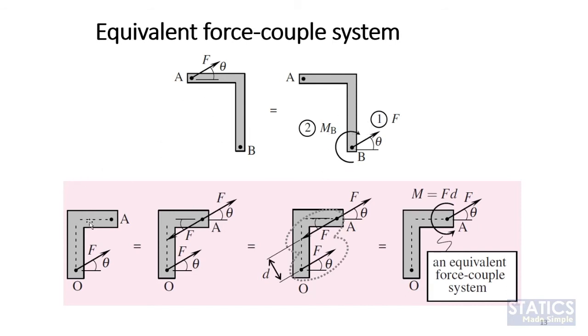If we look at the rigid body shown here, let's say we have a force acting at O at the angle of theta. At A we have no force at all, or in this case, the summation of force at A equals 0.